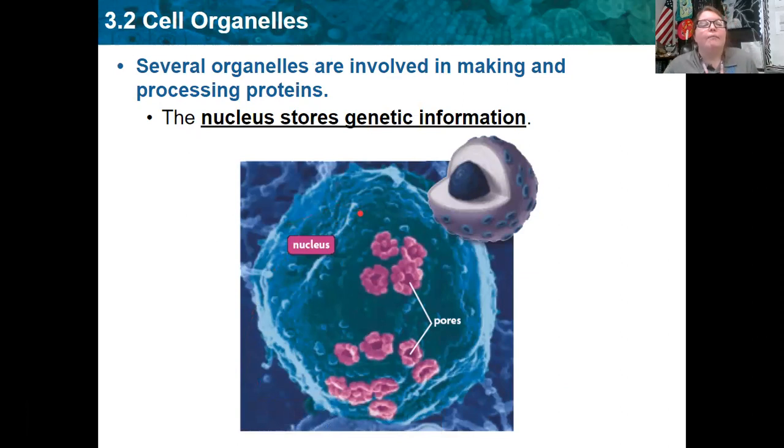Apologies. Okay, so the nucleus stores genetic information, and we learned when we did macromolecules that genetic information is stored as DNA. So in a cell, all the DNA is kept right there in the nucleus. I'm going to give you an extra term because it's on your sorting activity, and I don't think it's in this presentation.